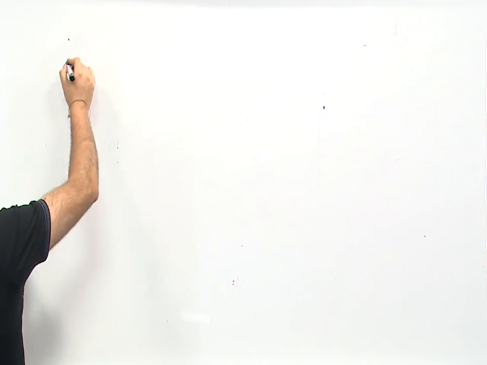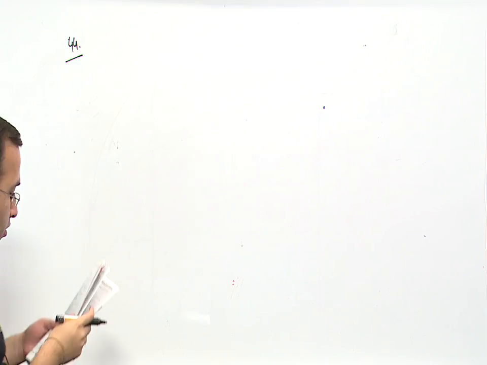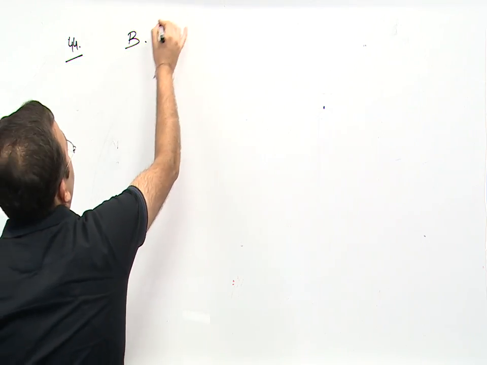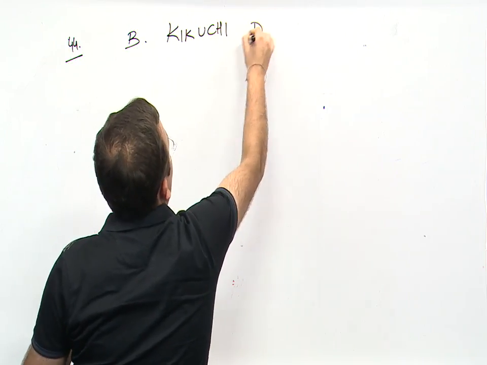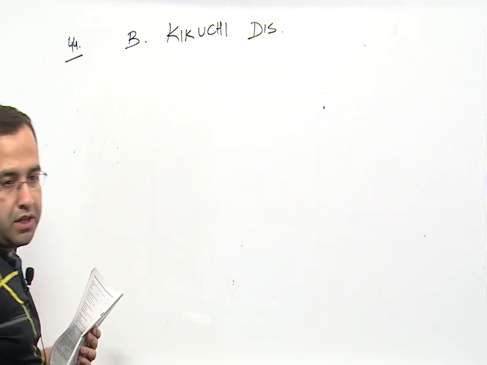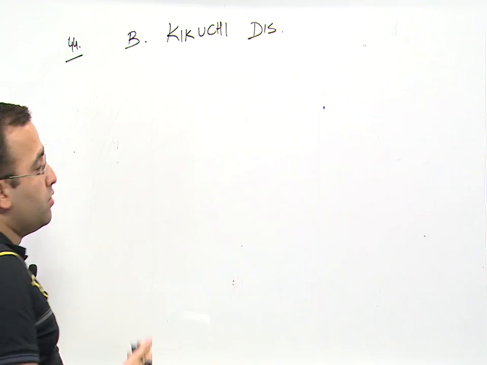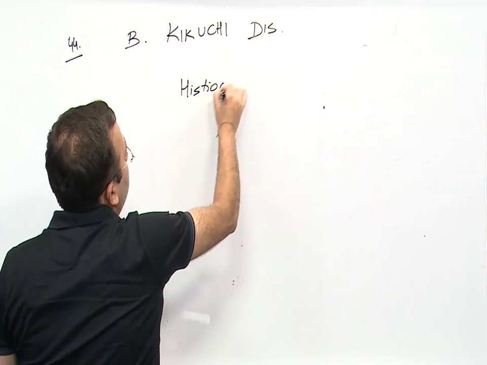This gets us to the next question, that is question 44. Histiocytic necrotizing lymphadenitis. This is a one-liner and a spotter. It is Kikuchi disease. You very well know Kikuchi disease. It is histiocytic necrotizing lymphadenitis.